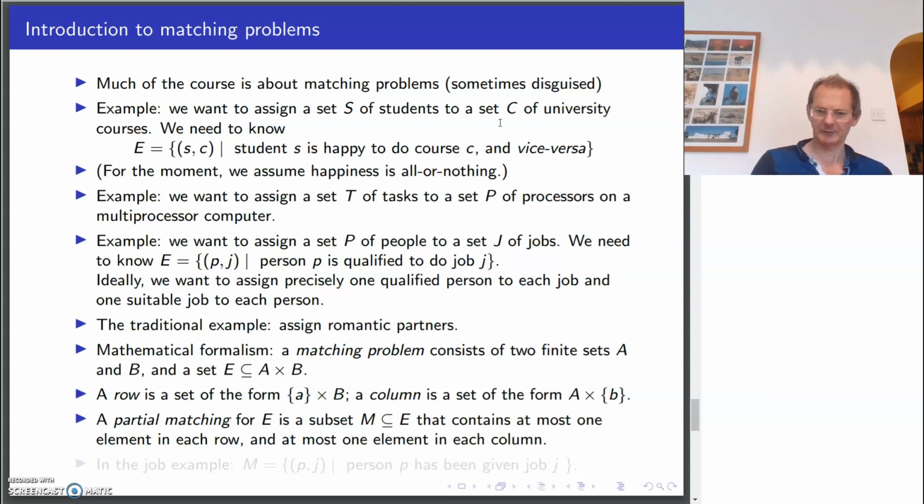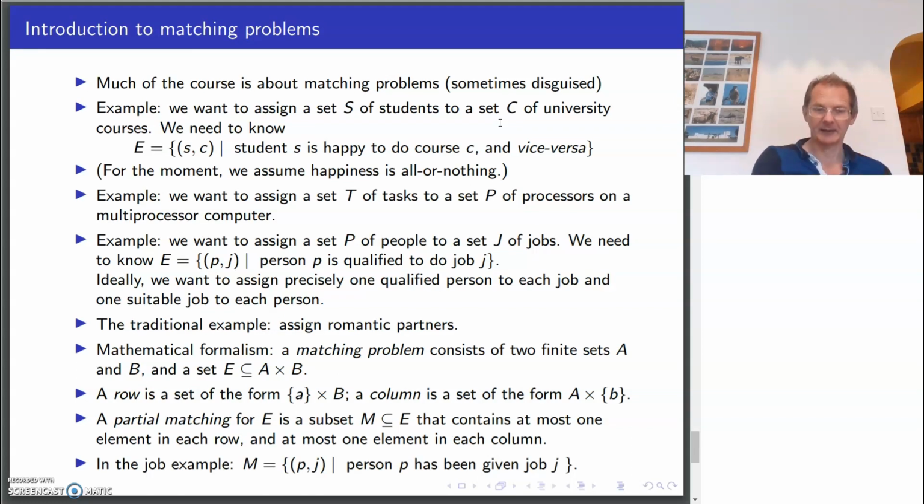So how should we think about that? Well, just think about the example of jobs, which is going to be the main example that we're thinking about. The idea is that you're going to assign some people some jobs, and these are all supposed to be full-time jobs. So each person is supposed to have at most one job.